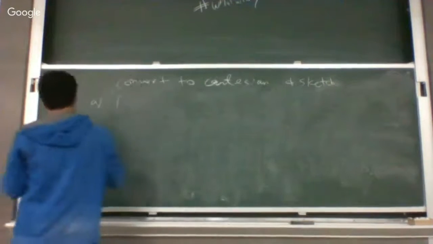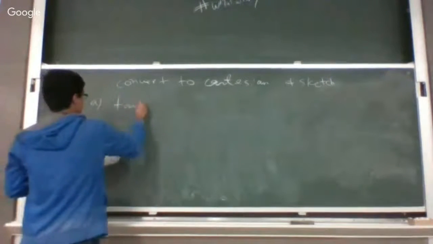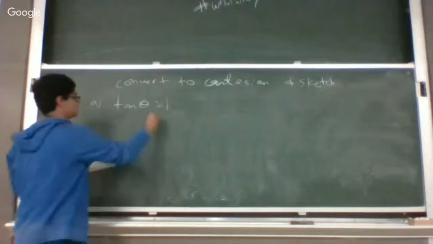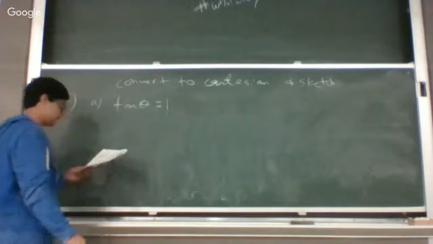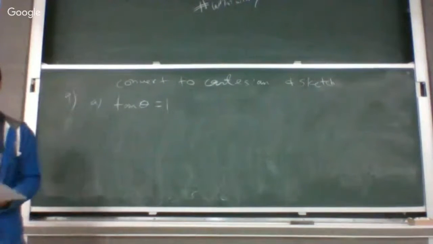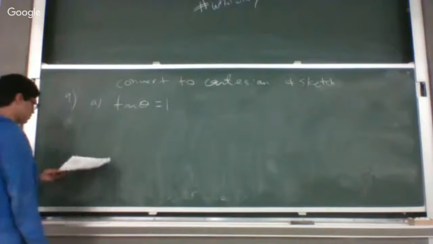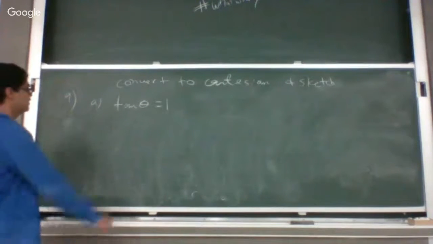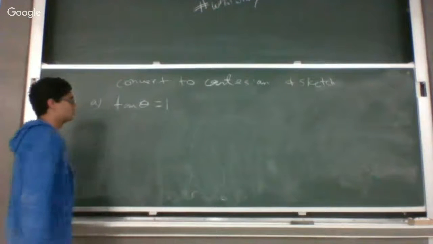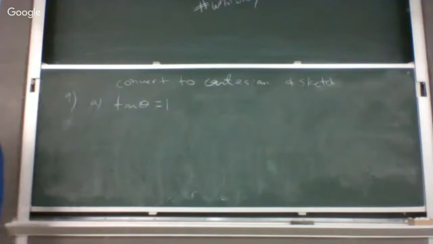So for part A, we are given tangent of theta equal to 1. You won't be given polar coordinates with r and theta directly. You'll have to figure it out. Our goal should be to try to get to x and y.